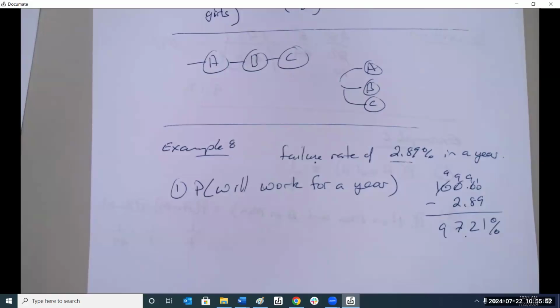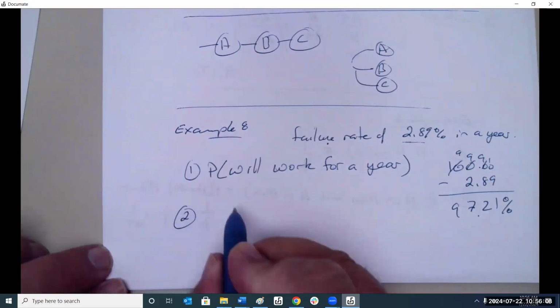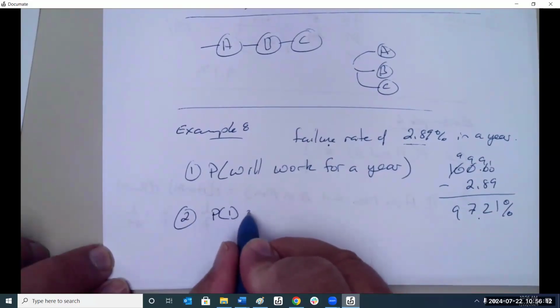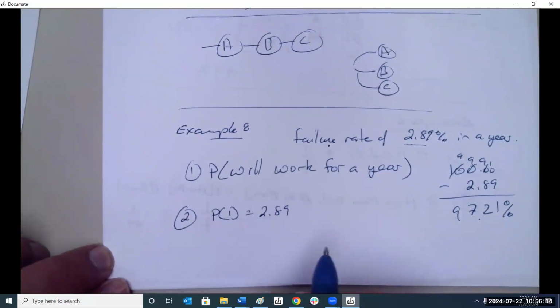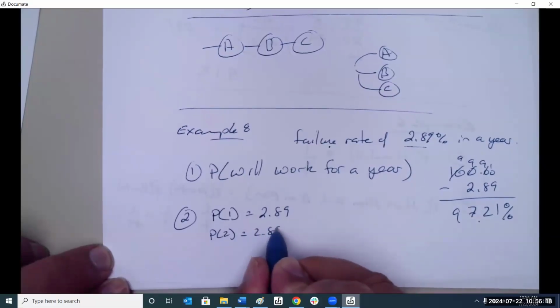If your computer has two Seagate model hard drives, what is the probability at least one of them will work throughout the year? So if we had two of them, the probability of the first one failing was 2.89, and the probability of the second one failing, 2.89.